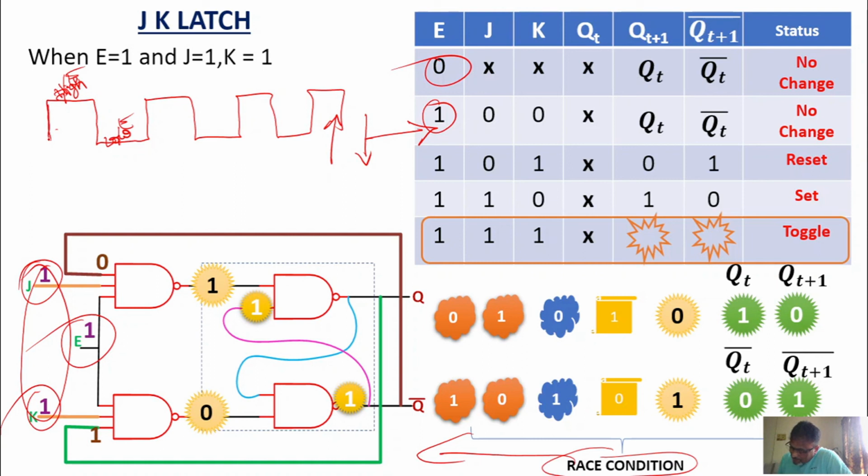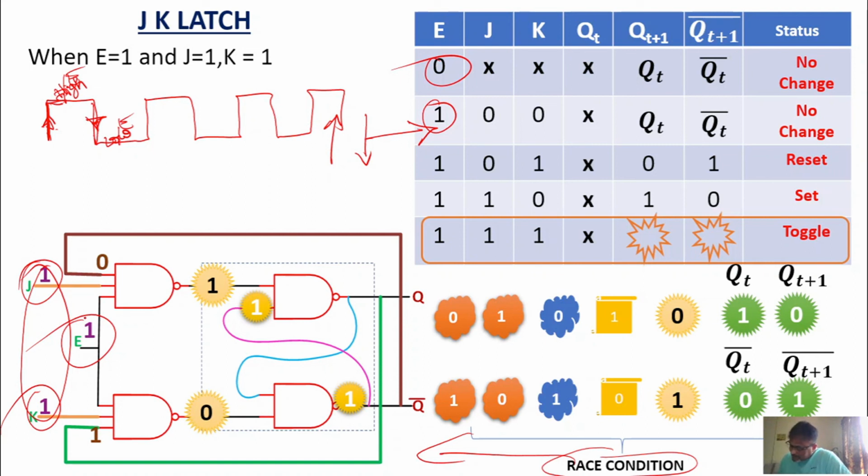But in the case of flip-flops, this is called the positive edge and this is called the negative edge. So either positive edge or negative edge. These flip-flops are configured to operate on either the positive edge or the negative edge, right?